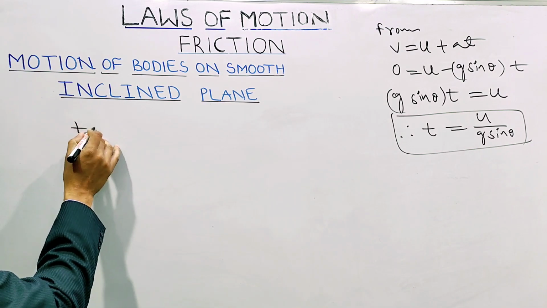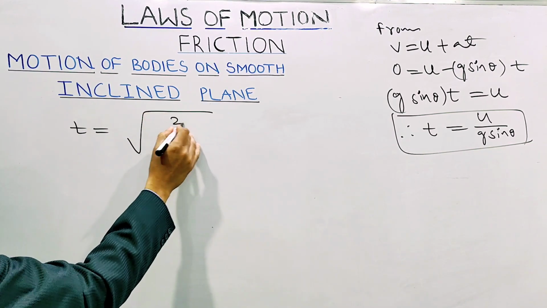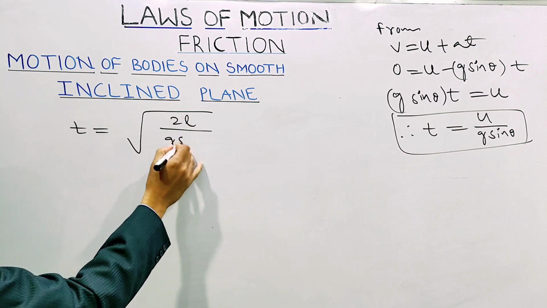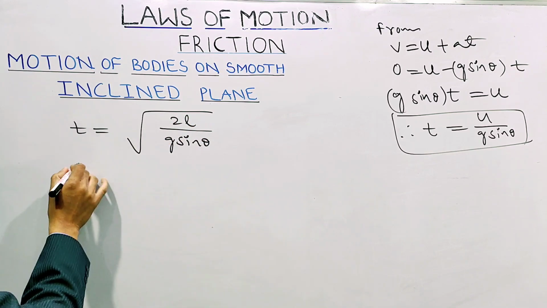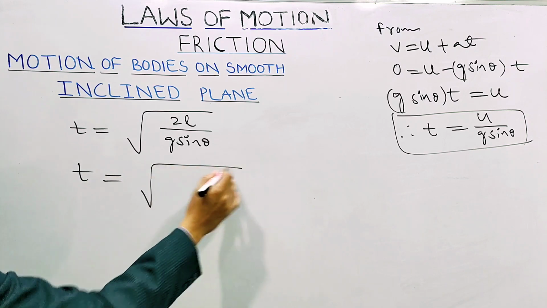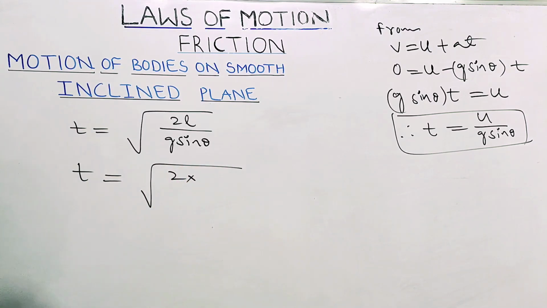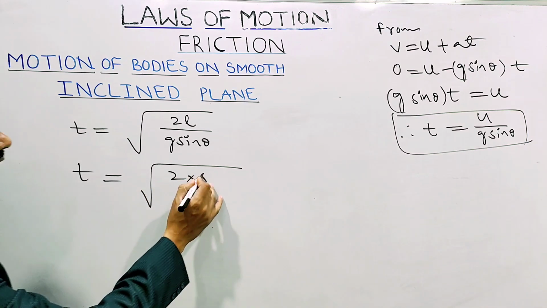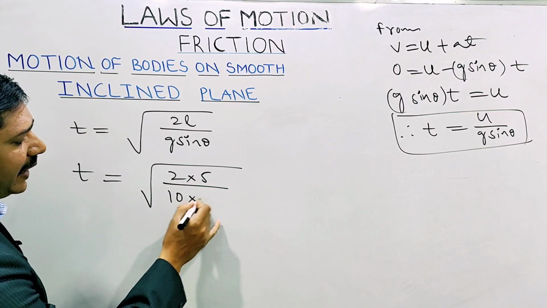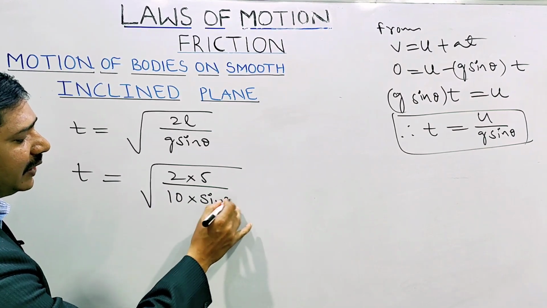Just now we observed the time: t equals under root 2l by g sin theta. Here t equals under root 2 into the length of the plane, which is 5 meters, by g value 10, and the angle of inclination is 30 degrees.